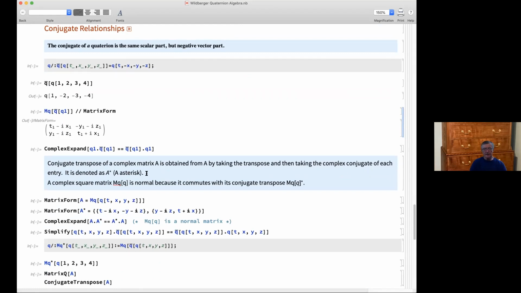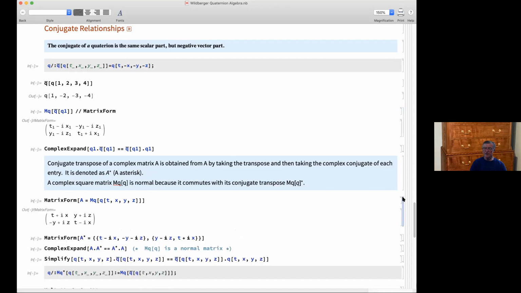And it's interesting, Mathematica lets me define the symbol A superscript star to be the value that I want. And then we know that the complex square matrix is normal because it commutes with its conjugate transpose. So we can show that this is true.